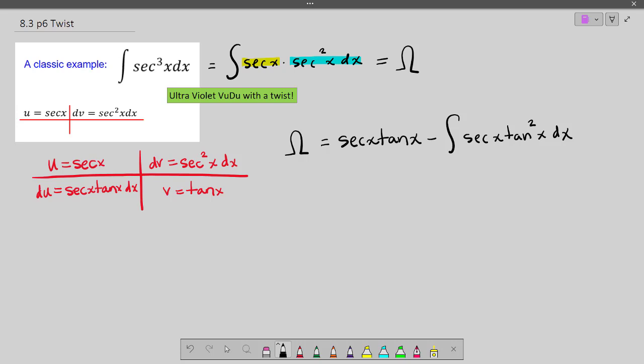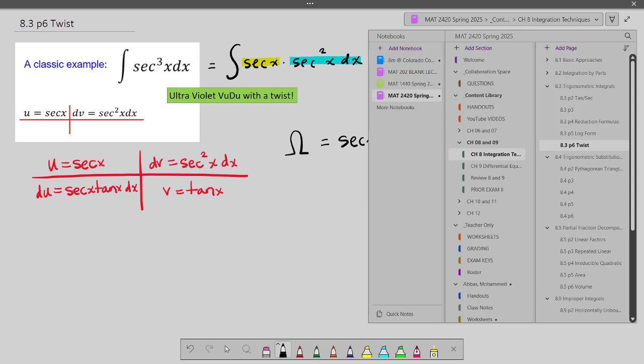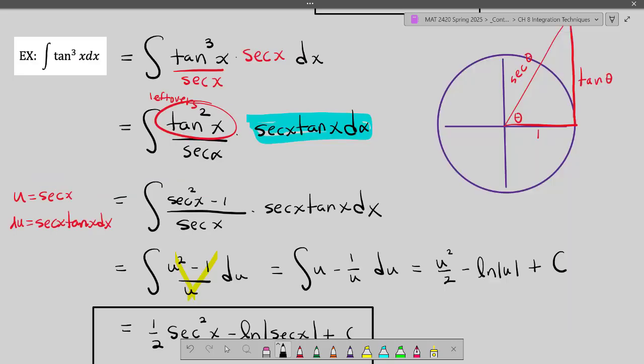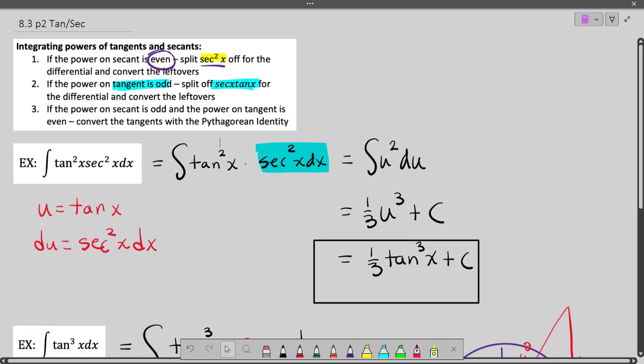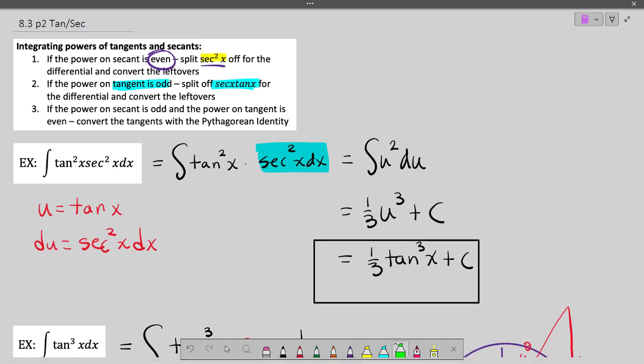And let me just go back and show you that there was an alternative that said if neither of the special cases work, then use a Pythagorean identity. So let's come back here for a second. And so this is the case that we're in down here. So the power on secant is odd, not even, and the power on tangent was even, not odd.